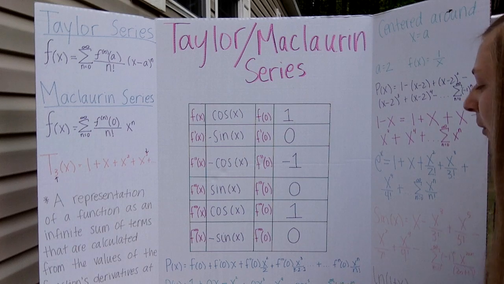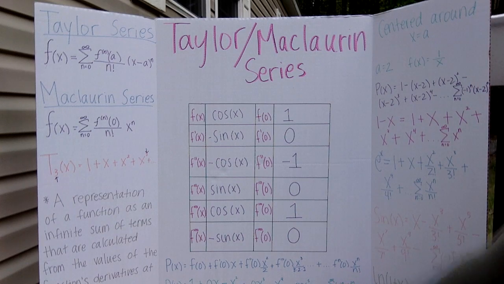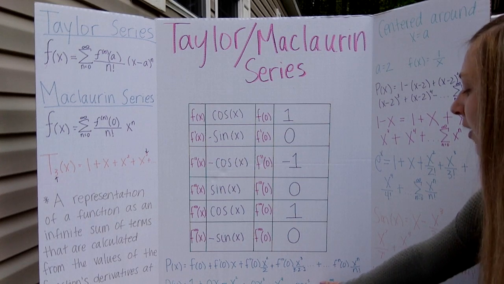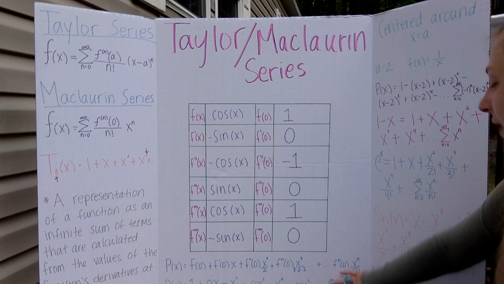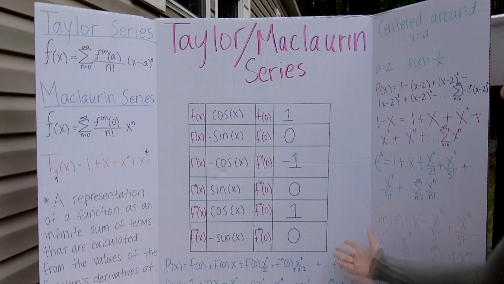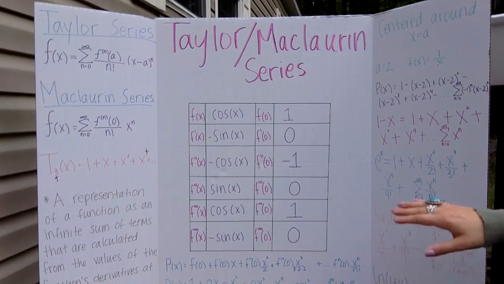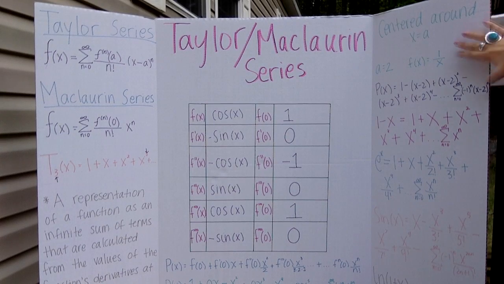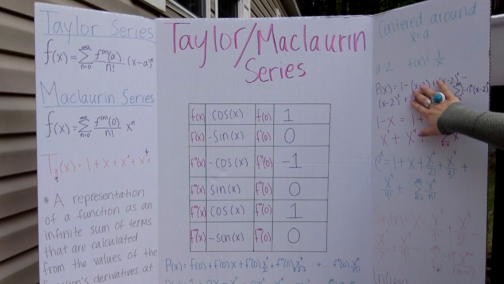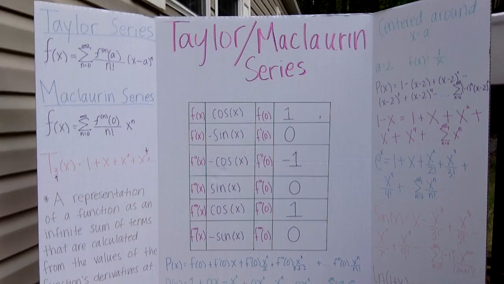And remember that when you're also writing the polynomial, you're going to go out plus, and then you're going to put the standard notation for whatever function you are doing. And then remember that Taylor series is centered around x equals a, and you need to definitely make sure that you accommodate for the point that you're at by subtracting it from x.